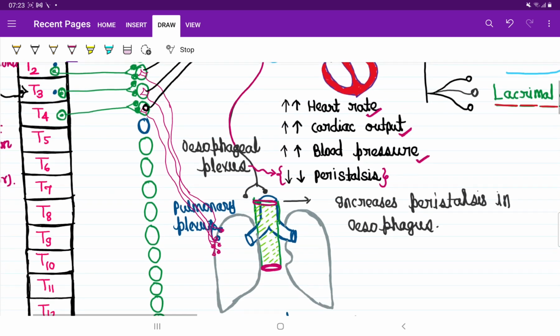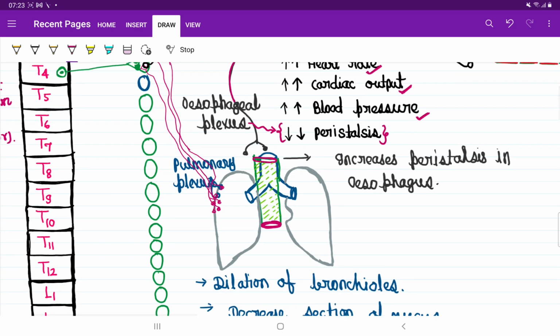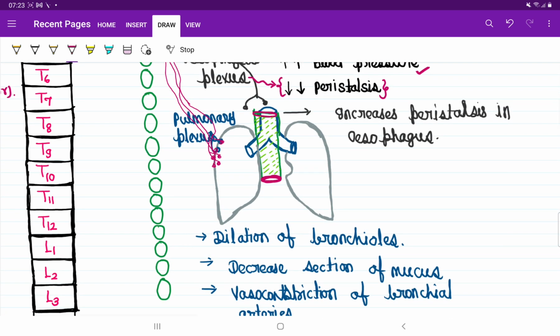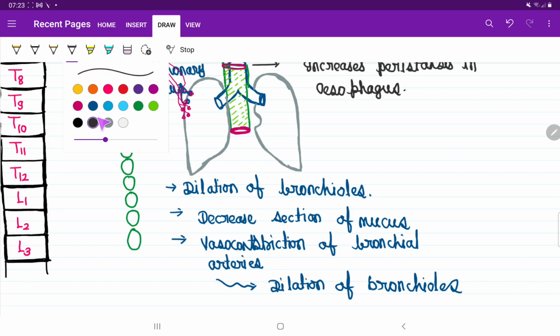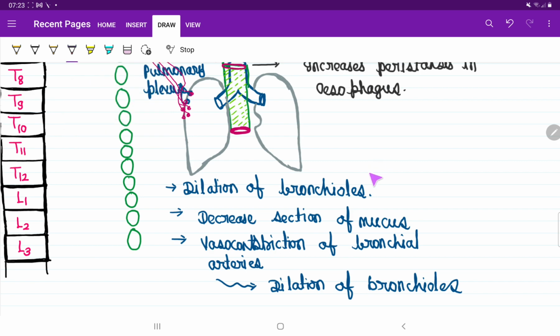This pulmonary plexus will supply our respiratory system. They will dilate bronchioles. In sympathetic neural supply, bronchioles dilate. So the bronchioles become wider, probably for more and more breathing. And then secretion of mucus decreases.